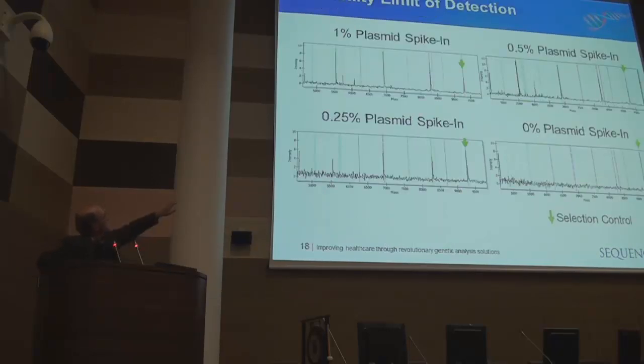And here, what I'm looking at is several different rare sequences. On the left top, at a level of 1%, the green arrow is just a control, ignore it. You can see nice sharp peaks, 0.5%, 0.25%, and of course, if I don't have the rare sequences, I don't see anything.